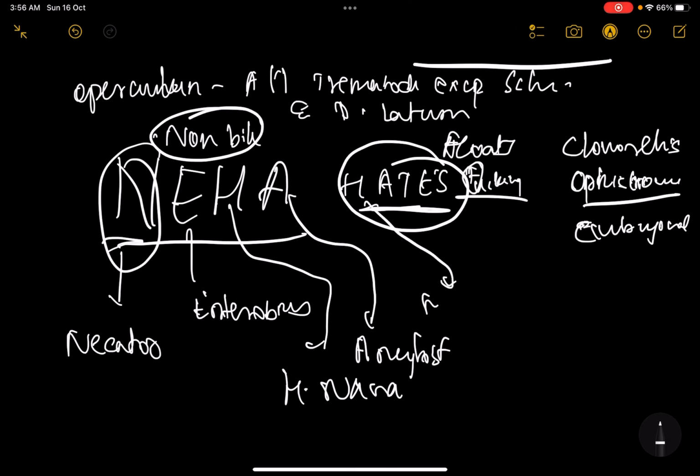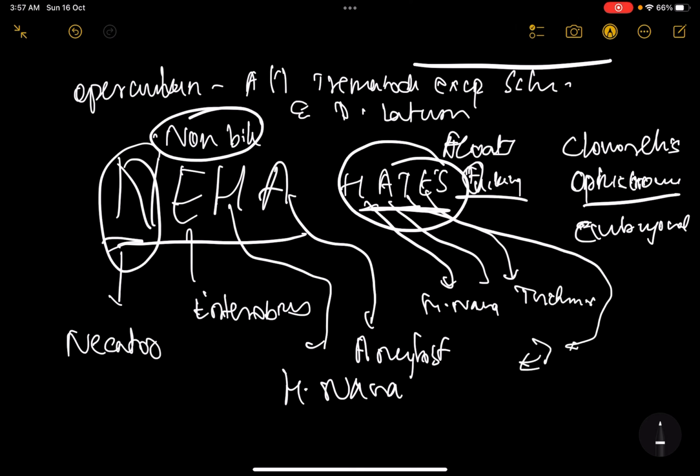But again, H. nana, A is Ancylostoma, T is Trichuris, E is Enterobius, again the same. S is Ascaris. So hates, I know Ascaris is with A, but Ascaris.